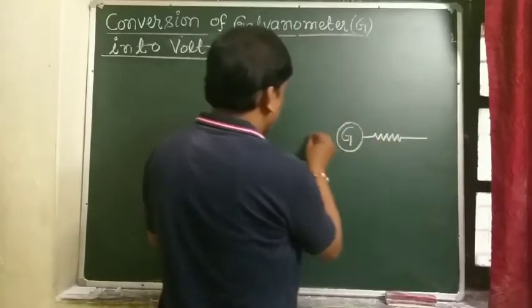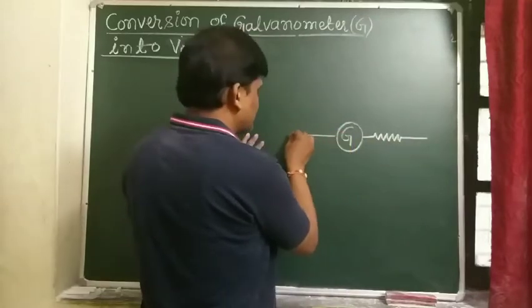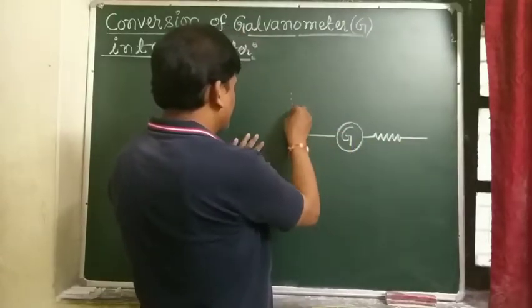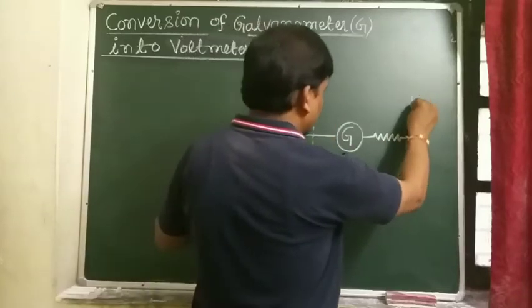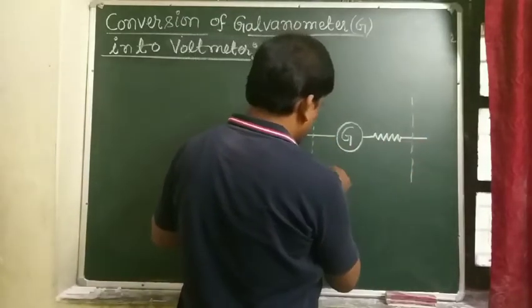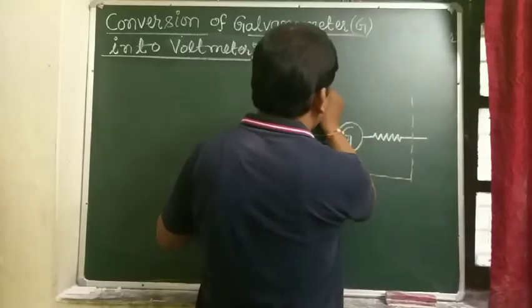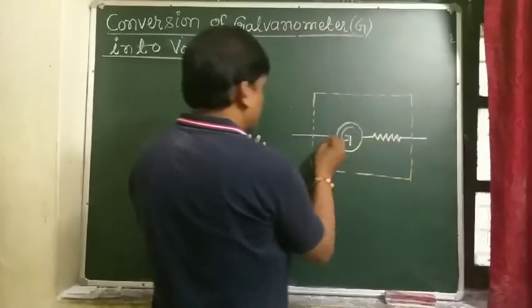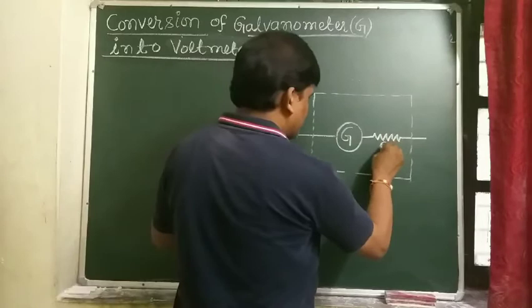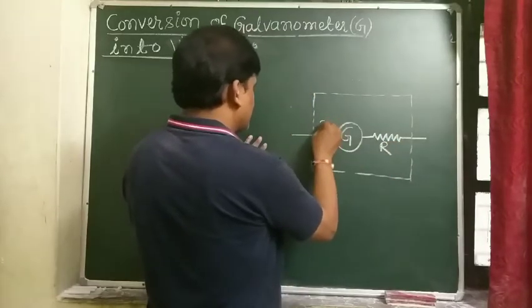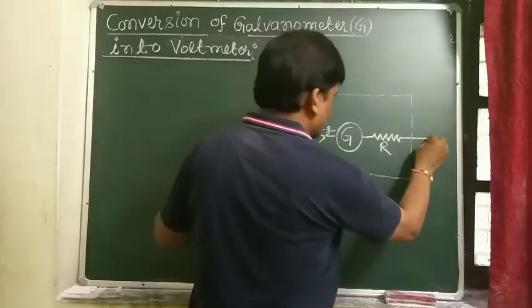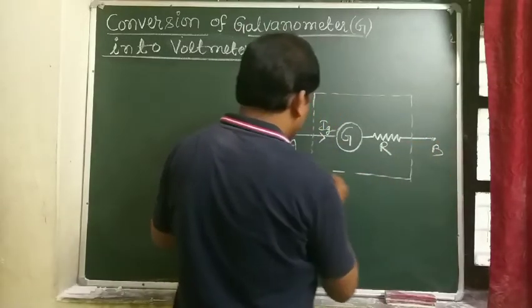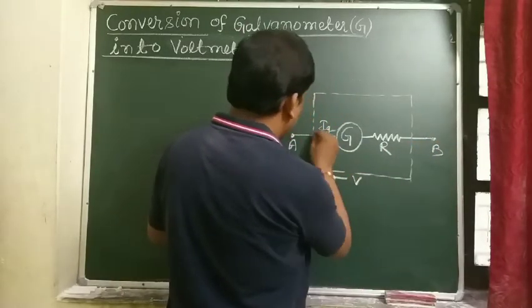A high resistance is connected in series with a galvanometer, and this galvanometer is converted into a voltmeter. So that is Ig, and this will be the A and B points, and the potential difference between them.